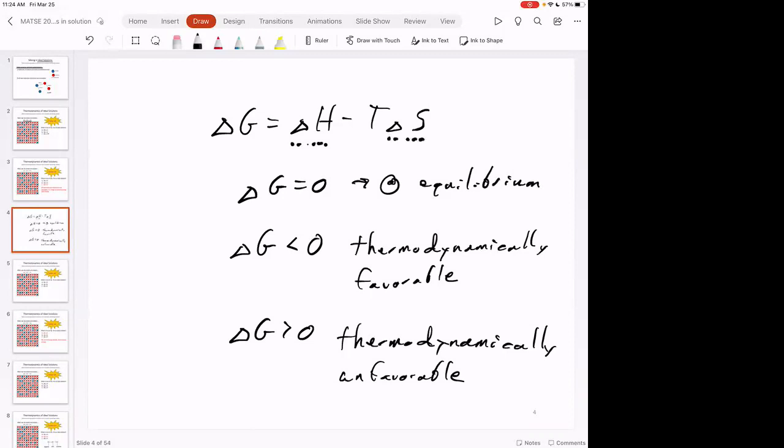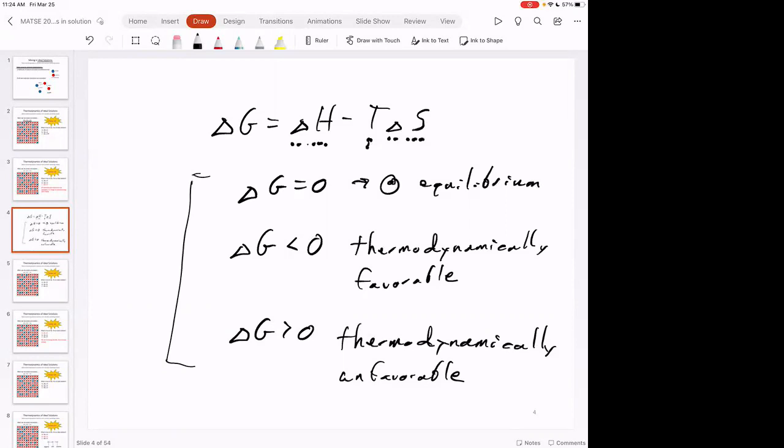And remember, temperature is in Kelvin for these equations. T is a handle that we use in order to change the sign of delta G, and that really depends on the sign of delta H and the sign of delta S. So I would prefer if you remember these things about delta G.